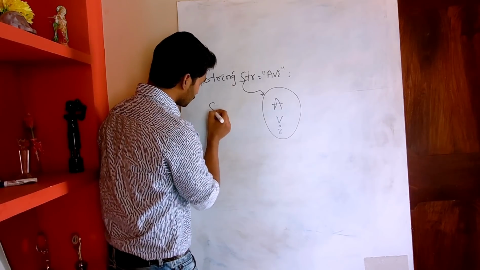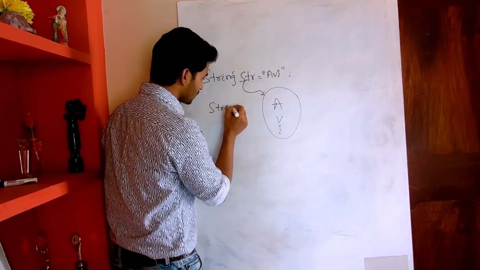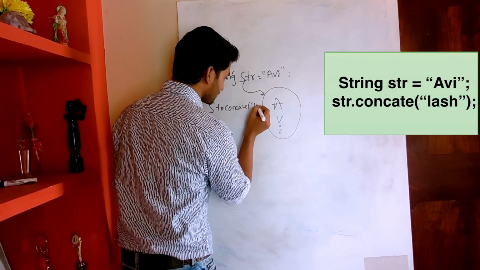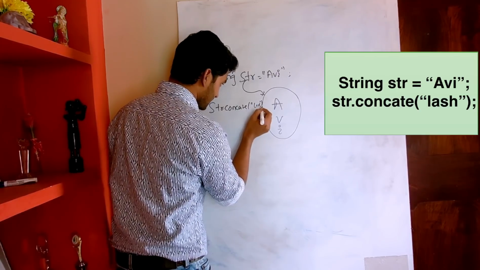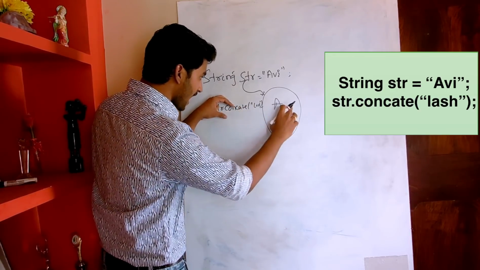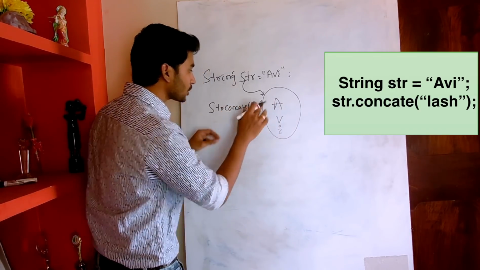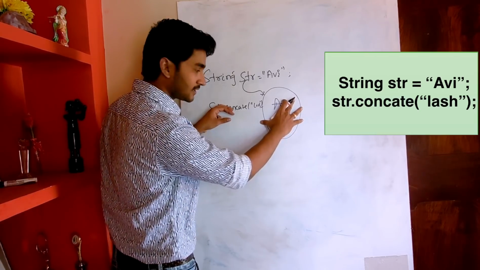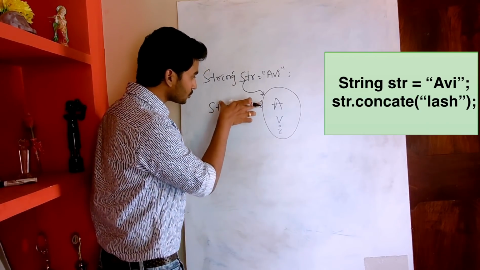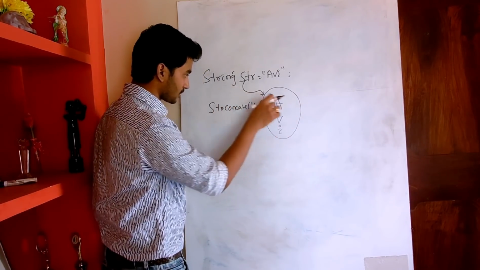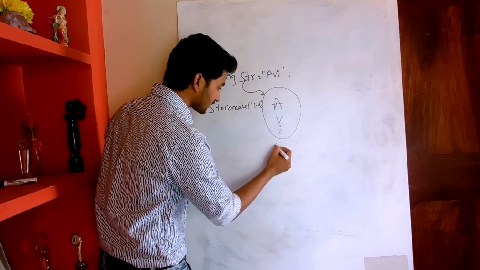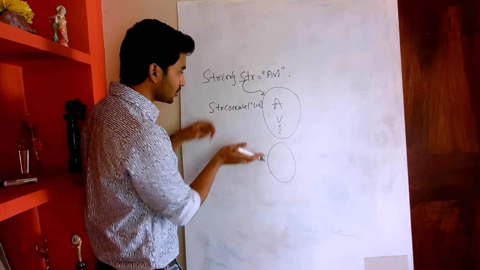So if I try str.concat("lash"), Abhilash is my name. If I'm trying to concat, to add something to this object, this is not going to affect this object, because once the object is created we cannot change its properties. If I try to modify the properties of this object, then a new object will be created in memory with the modified content.